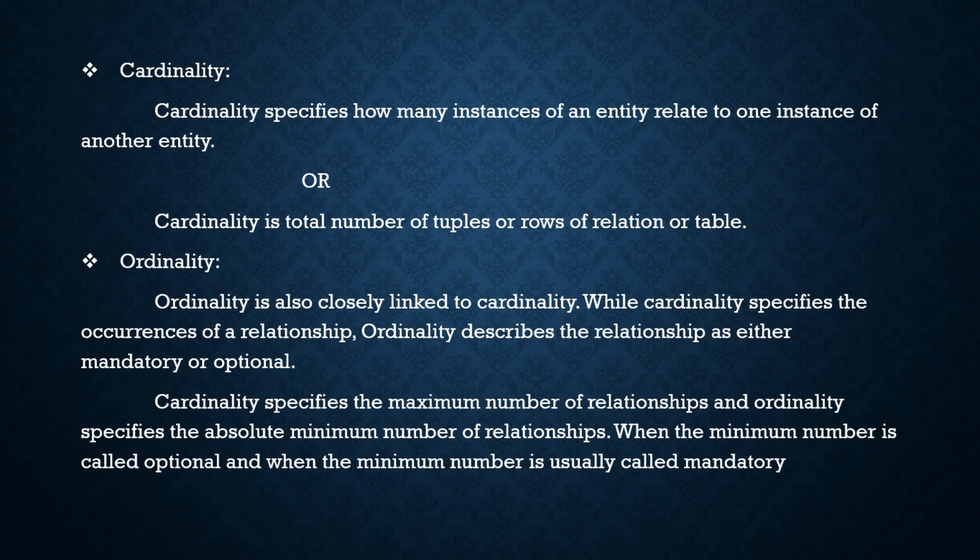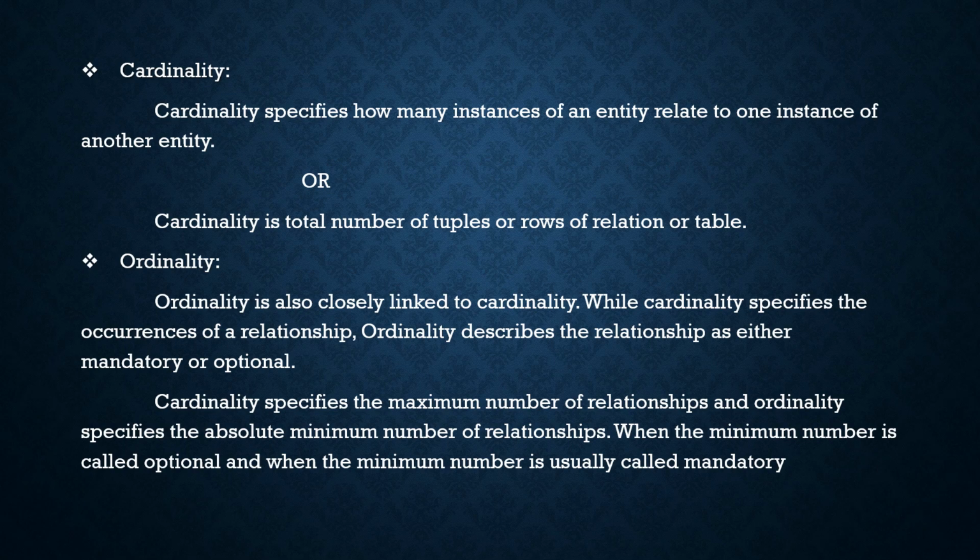Cardinality. Cardinality specifies how many instances of an entity are related to one instance of another entity. Here, instance means a row, we can say row or tuple also.